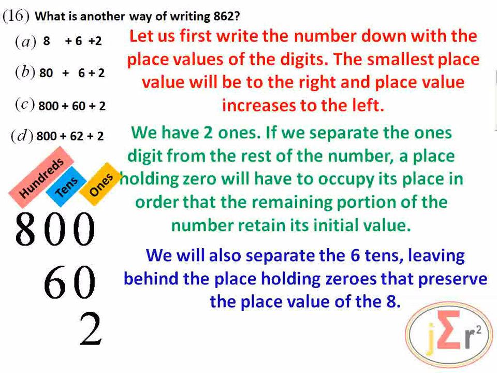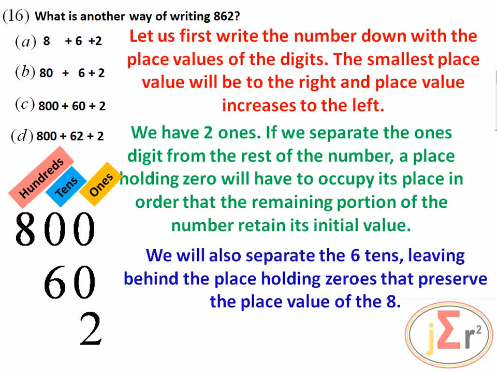Is it correct to have these place holding zeros? Yes, it's correct to have these place holding zeros. If we did not have the place holding zeros, then the result would be only 8.